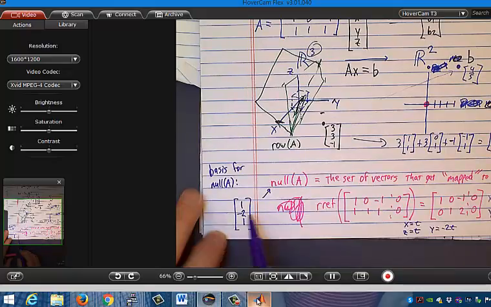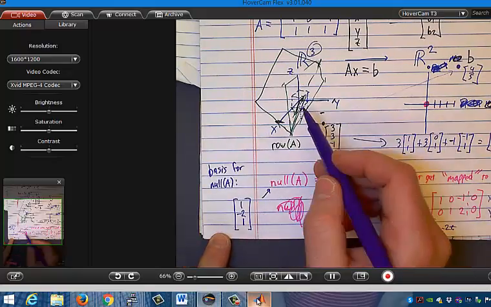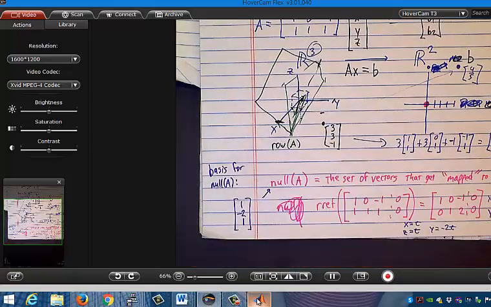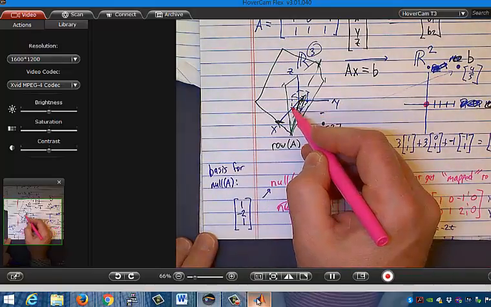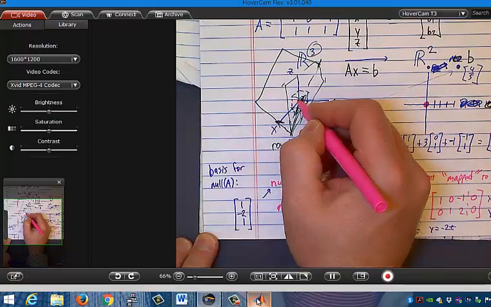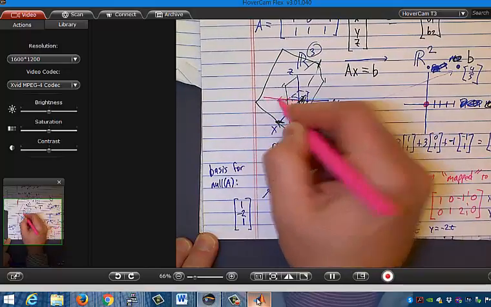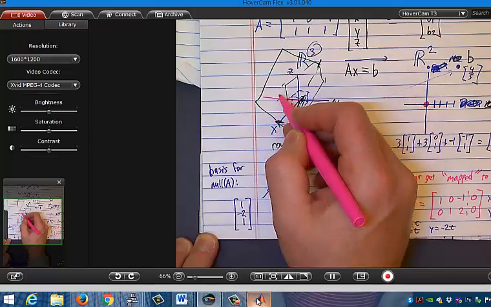So let me graph that. I want to graph it in pink. Come out 1, -2 in the y direction to be this way, and up 1.